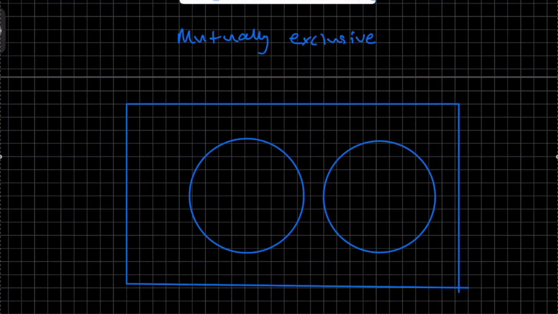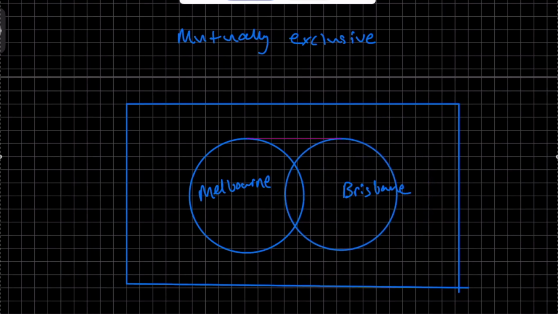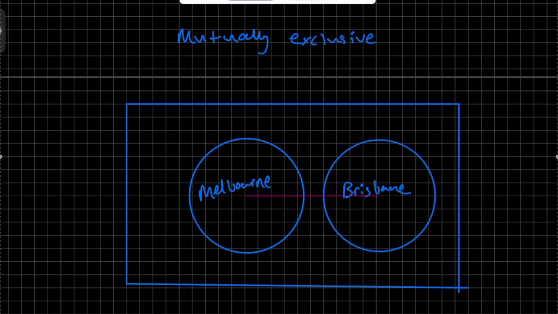So performing in Melbourne and performing in Brisbane can be considered mutually exclusive events because there is a zero probability of both of these happening at the same time. So when we draw this in our Venn diagram, these two events are drawn separately.